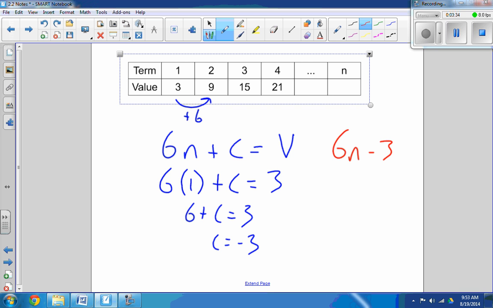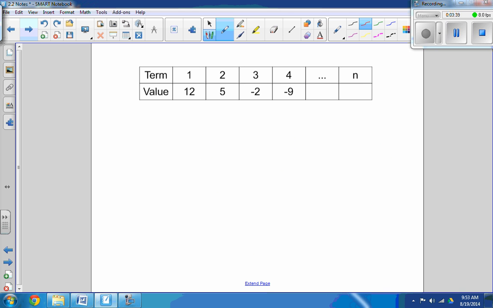Well, let's look at another one. Let's see if we can create the same setup here. So here we go. Term 1's value is 12, term 2's value is 5, then negative 2, negative 9, and so forth. Going from 12 to 5, I'm going down by 7. 5 to negative 2, down by 7. Negative 2 to negative 9, down by 7.